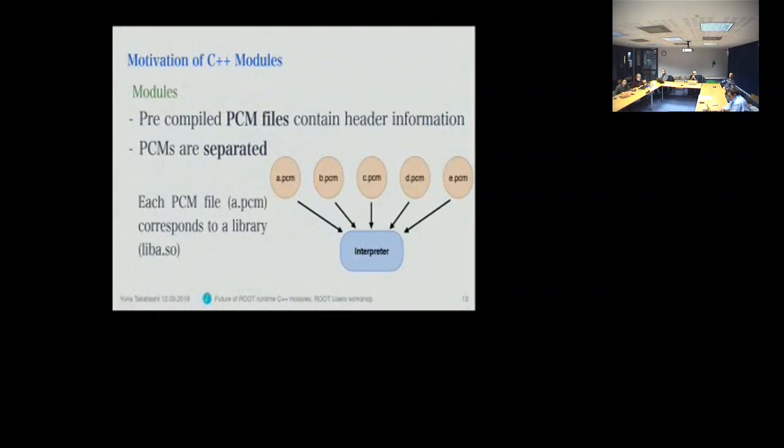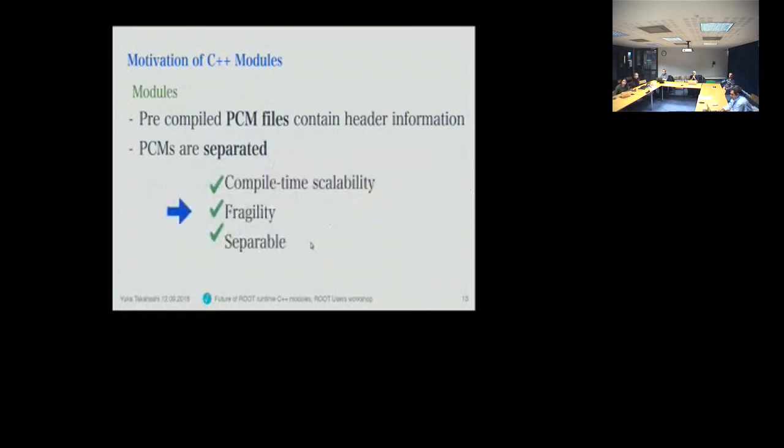PCMs are separated instead of having one big file as in PCH. In our implementation, each PCM file, a.pcm, corresponds to our library, lib.a.so, and it is loaded into the interpreter. As a consequence, modules are not expensive, not fragile, and are separable.